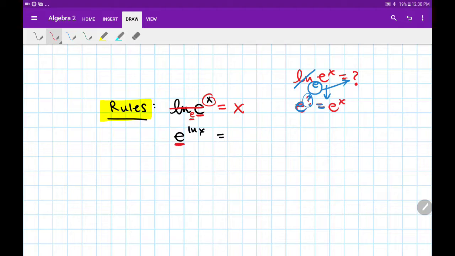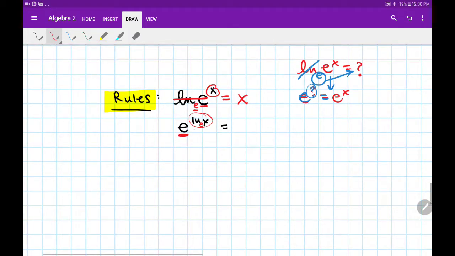I have my base e, and for its exponent, I also have a base e. So it's kind of like cross them out, and the answer is just what's left over, the x. So please memorize these rules. I'll write it one more time, less messy. ln of e to the a is just a. E to the ln a is just a.